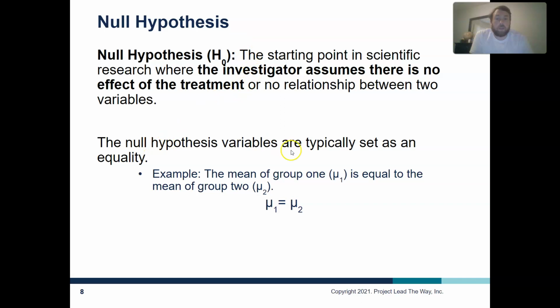We'll typically set this up into an equality. So just like this right here, you see this mu symbol. Mu stands for mean. So the mean of group 1 will be equal to the mean of group 2. And that's exactly what that example says. This will always be the case for a null hypothesis. Null literally meaning none. So there is no difference between the two. That's why they're equal.